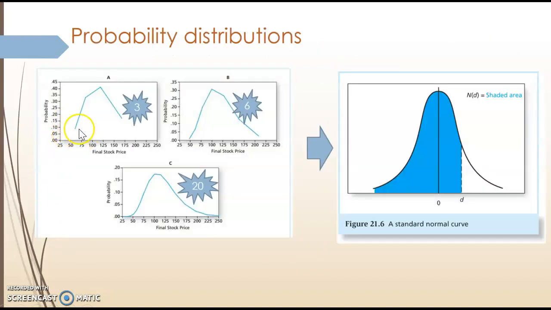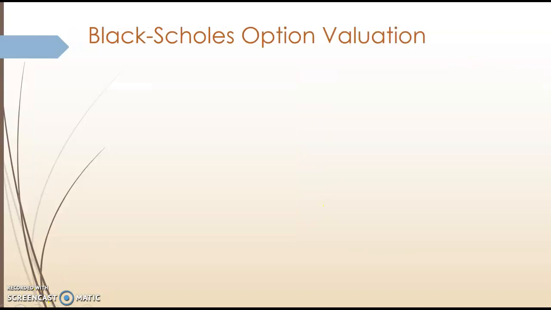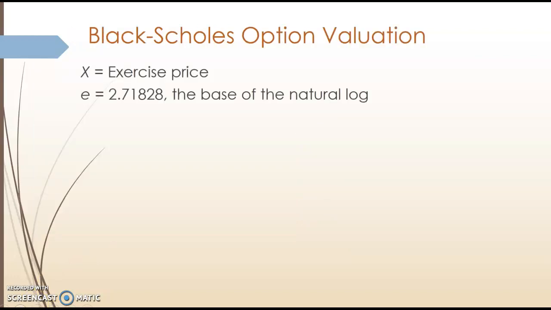As we increase the number of time periods that we examine, panel A shows you 3 time periods, panel B shows you 6, panel C shows you 20. Notice that it's starting to approach a standard normal curve, which means that we can take advantage of our knowledge of the normal distribution. And this is what allows us to come up with Black-Scholes options pricing valuation.